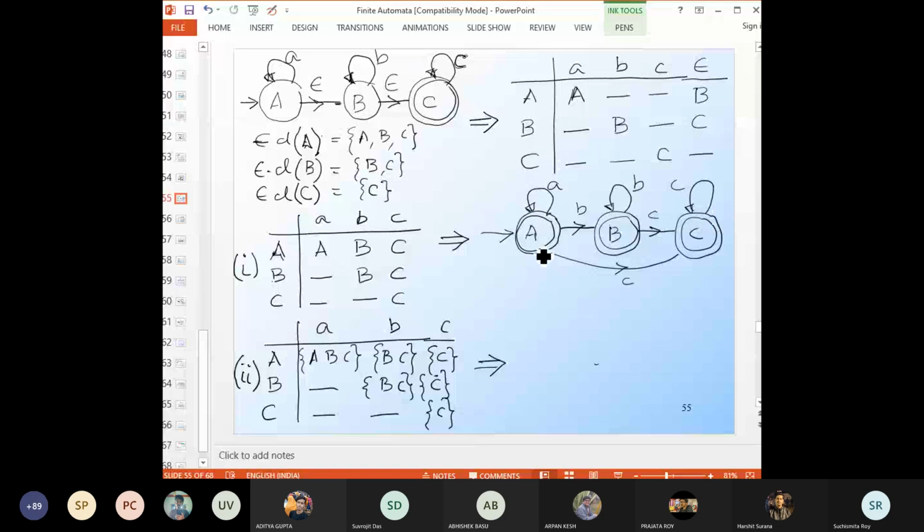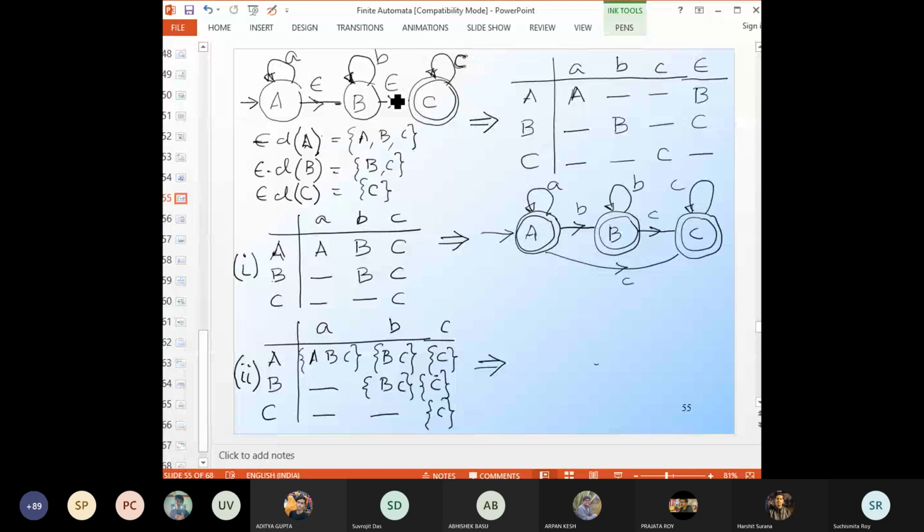And remember, strings like just C, CC, those are also part of the language, because you are allowed to see 0 number of A's and B's. Okay, so you can directly go to C also. You can directly go to B also from the start state. So this NFA accepts the same language as the previous NFA.